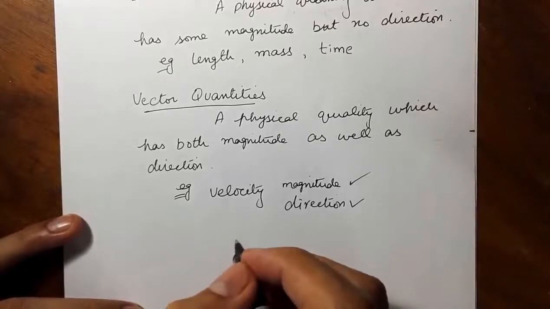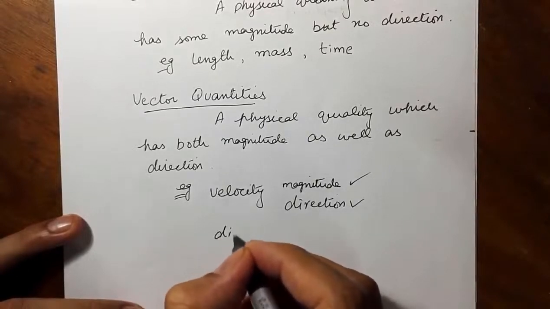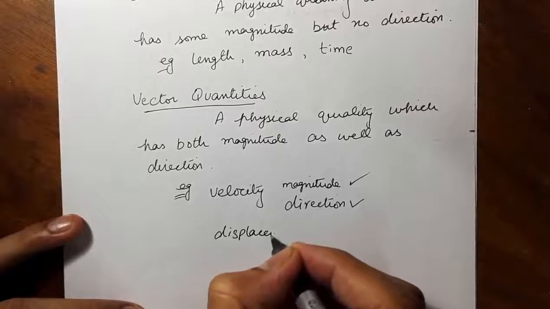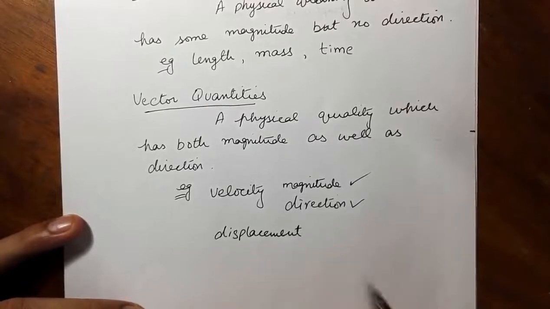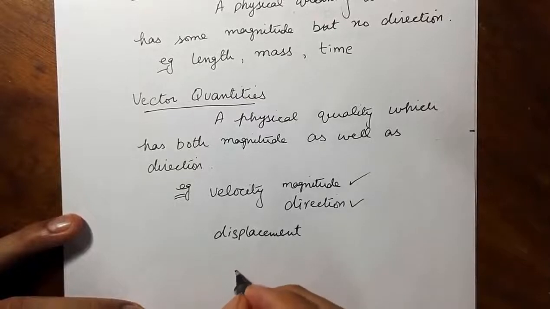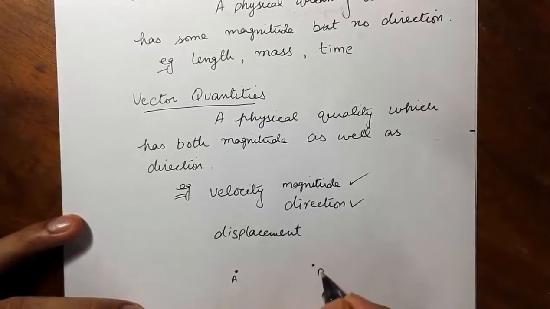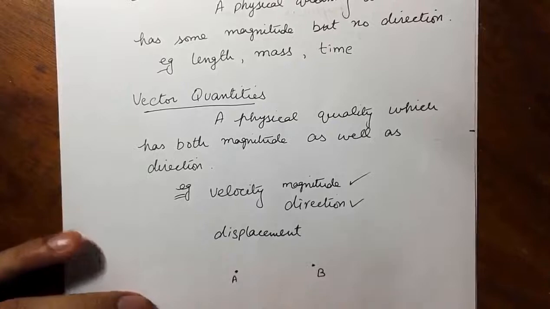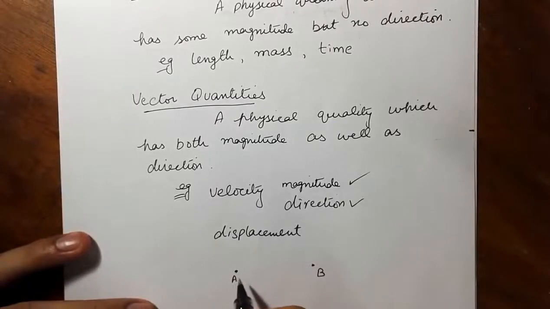Next, displacement. Displacement is also a vector quantity because let's suppose there are 2 points, point A, point B. You can say object has moved from A to B. What is its displacement?